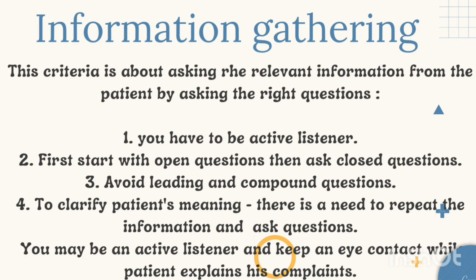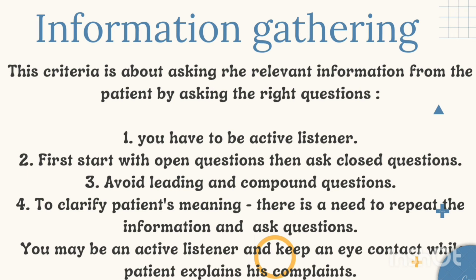First, start with open questions, then ask closed questions. Avoid leading and compound questions. To clarify the patient's meaning, there is a need to repeat the information and ask questions. You have to be an active listener and keep eye contact while the patient explains his complaints.